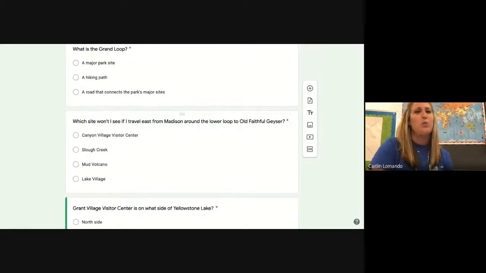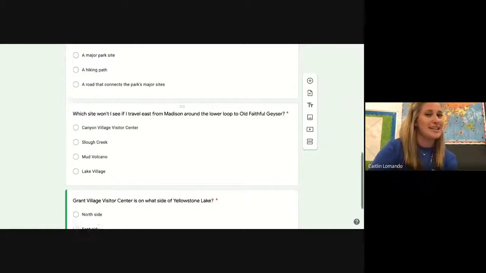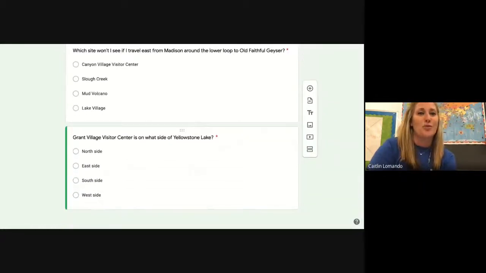Which site won't I see if I travel east from Madison around the lower loop to Old Faithful Geyser? Three of these are sites I would see if I traveled that. One of them isn't. Tell me which one it isn't. And Grant Village Visitor Center is on what side of Yellowstone Lake? So those are the questions that you will be answering today in Google Forms after looking at the map of Yellowstone Park that will be attached as well.